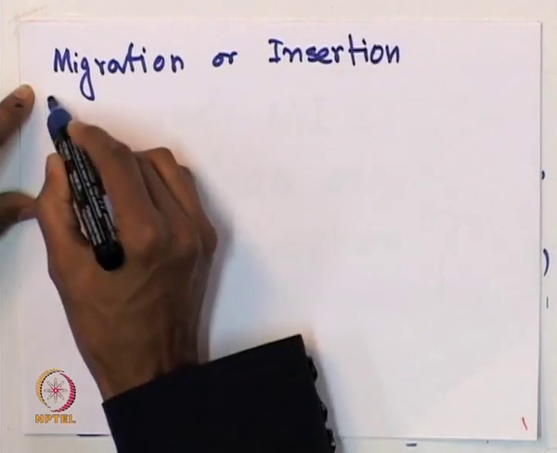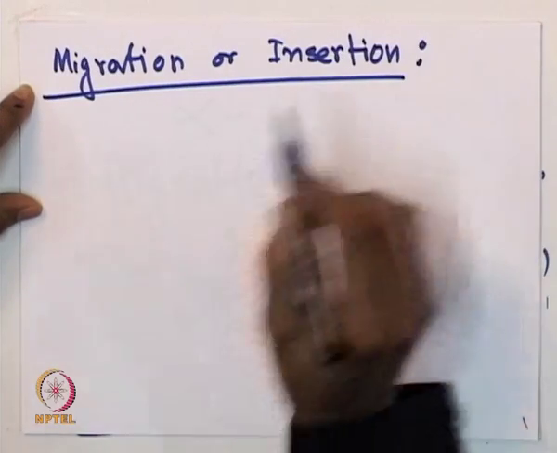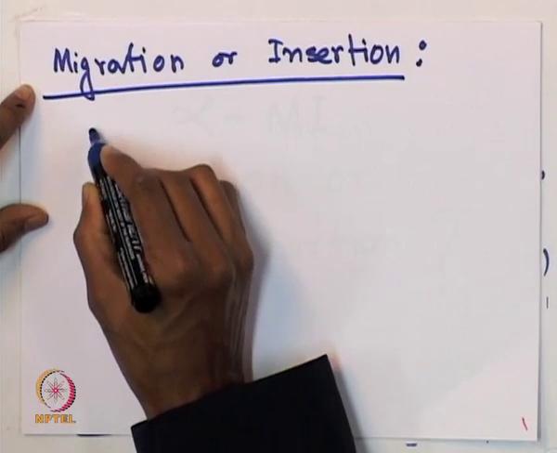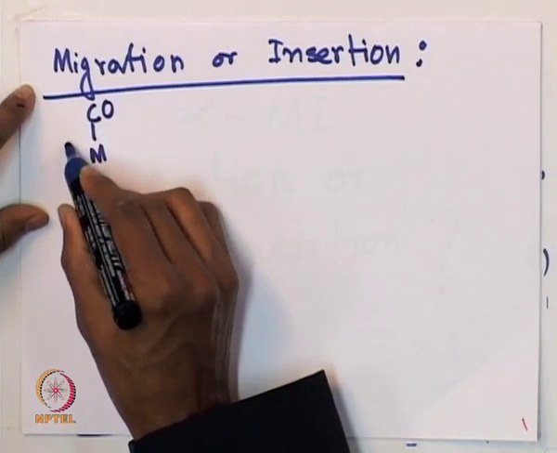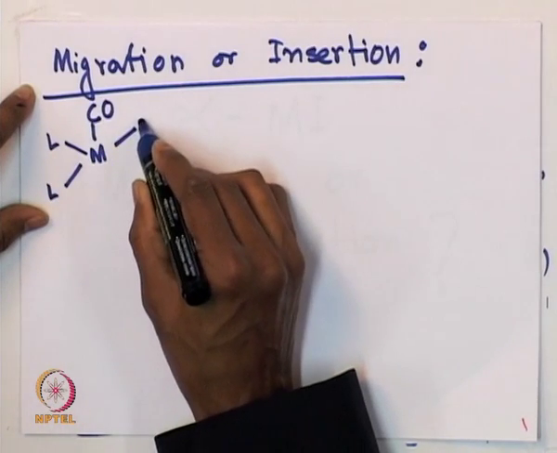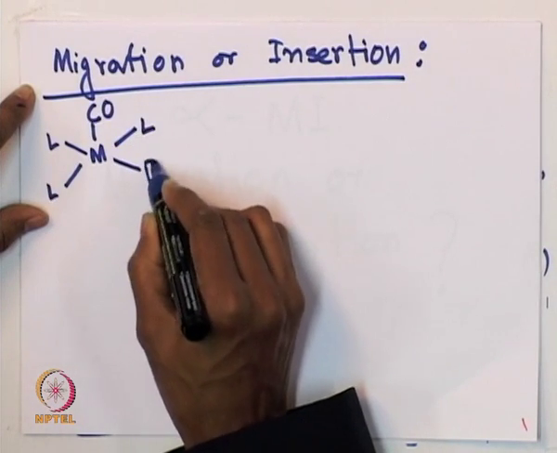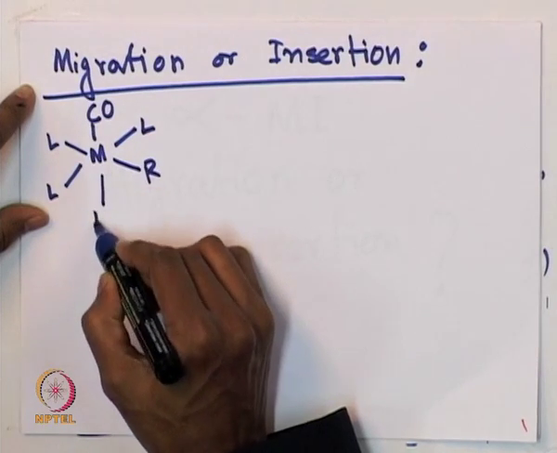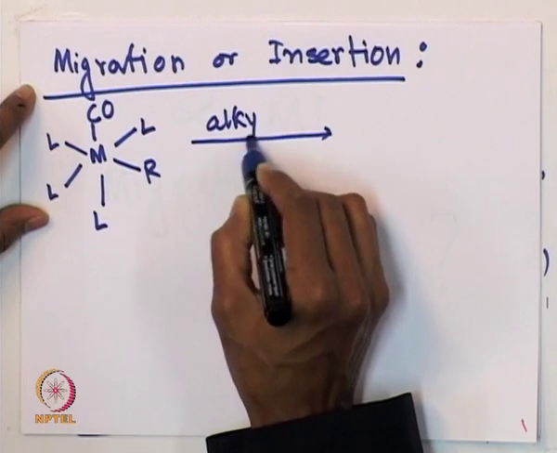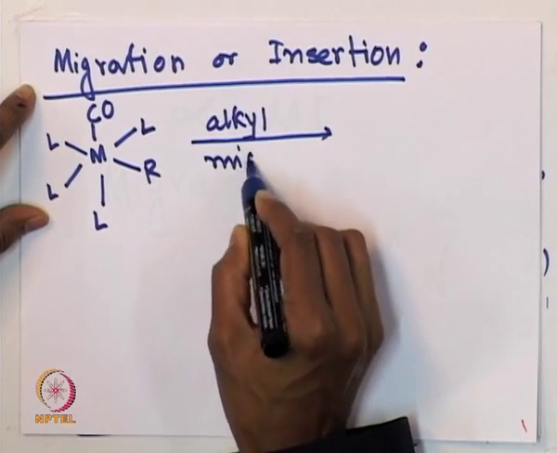Remember, it is a tricky experiment to do, but scientists have done it anyway, where they have taken, let us say, the metal complex with CO. Now, before getting into the exact experiment, let us discuss what will be possible if it is an alkyl migration.